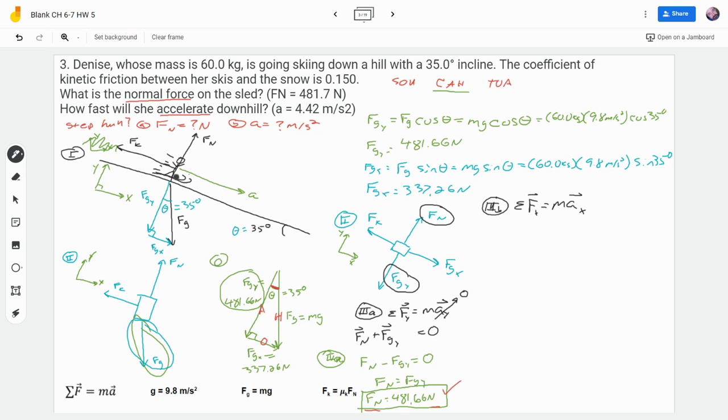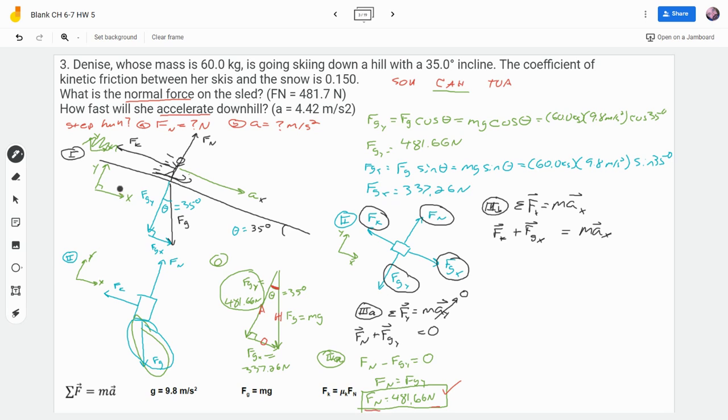We can assume that Denise is accelerating in this new x direction. So for now, the right side is going to remain ma sub x with a hat. The left side, sigma f sub x. Grab your new x direction forces. You will get f sub k with a hat plus f sub gx with a hat.